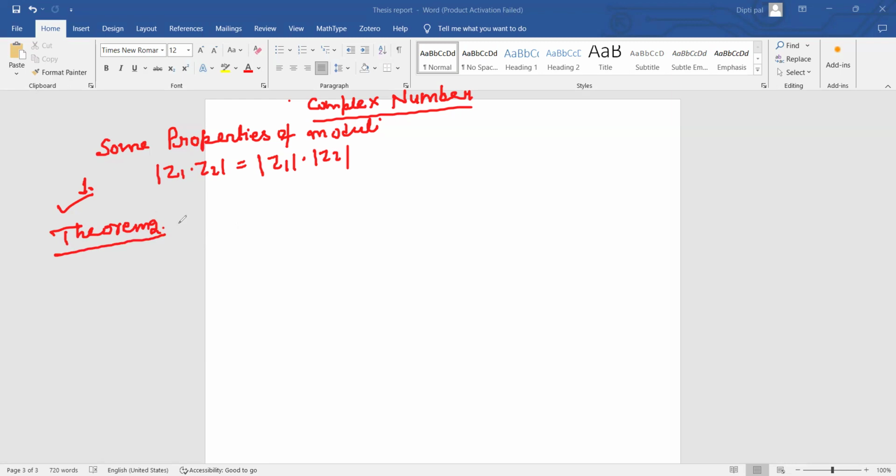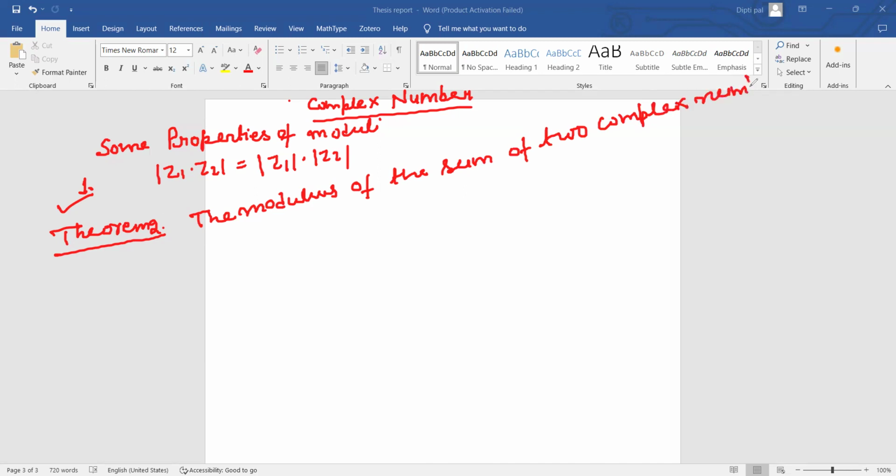The modulus of the sum of two complex numbers is less than or equal to the sum of their moduli.